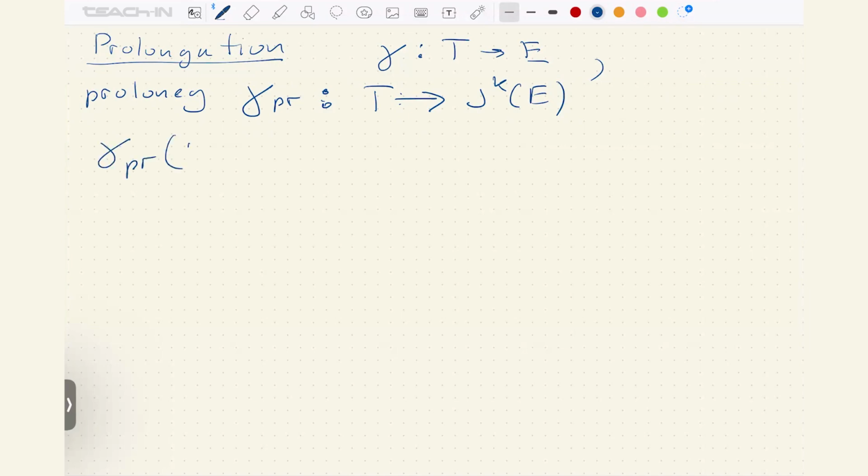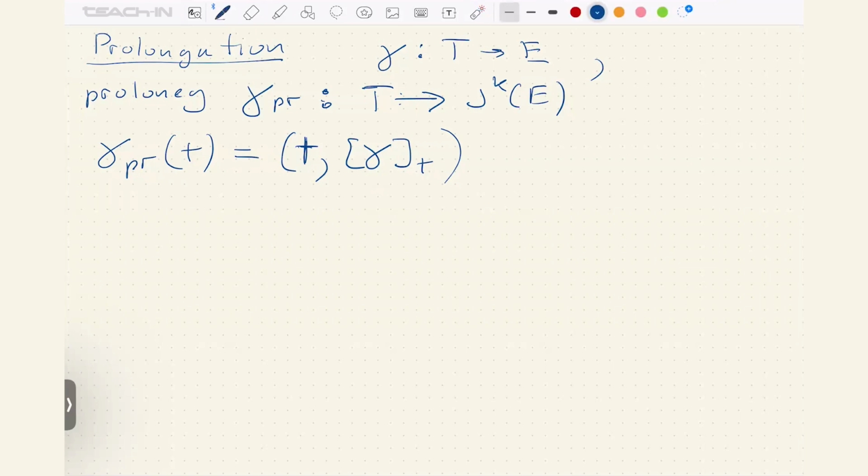Gamma prolonged applied to a point t gives nothing else but a pair (t, [gamma]_t). Do you remember that by definition, points of our jet bundle are pairs? A point of the base, and an equivalence class of sections. So if we have a section, it immediately gives us, at any point, a point of a fiber, which is the equivalence class of precisely this section, right?